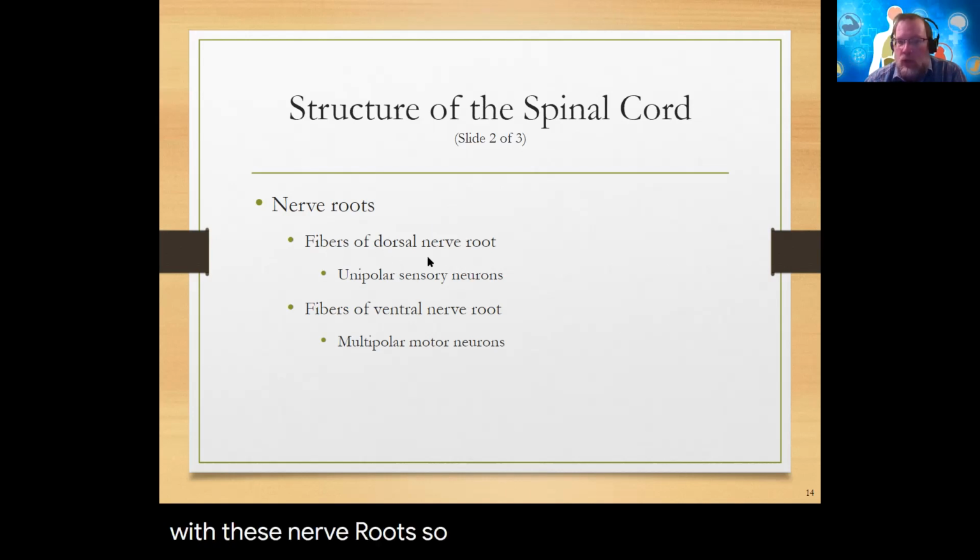So the dorsal nerve root. We have a pathway of nerves that's going to come into the spinal cord, into the back door. So remember, dorsal means back or behind. So the back entry into the spinal cord we call the dorsal nerve root.